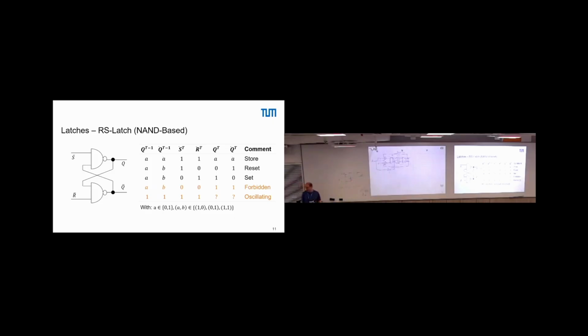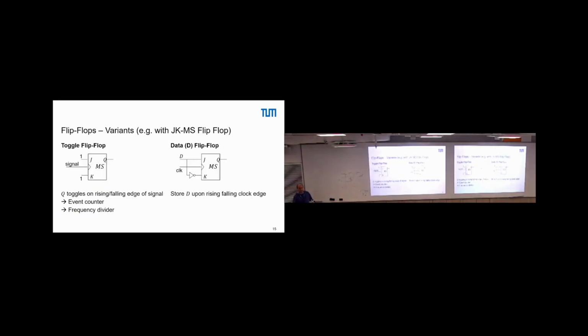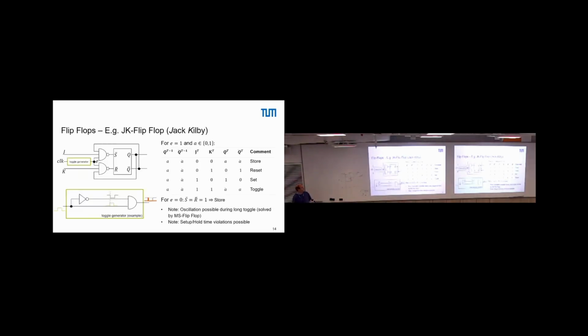Most of the time, we have not such a differential thing, where we have two inputs, two outputs in a digital circuit. Most of the time, we have D flip-flops or a specific variant, which is toggle flip-flops, which is used, for instance, to count a number of clock cycles or something like this, or toggle input toggles.